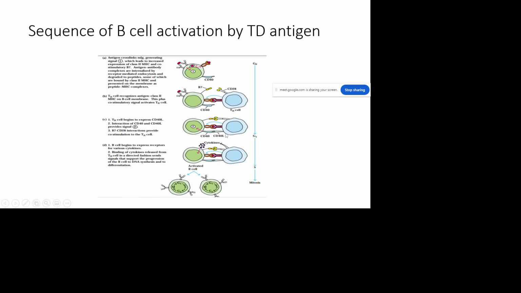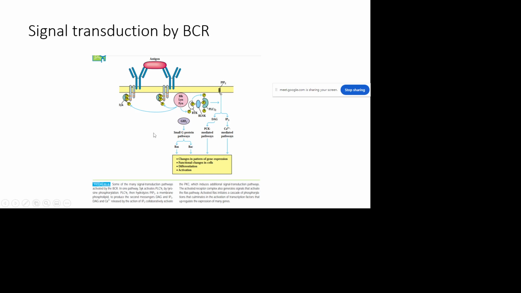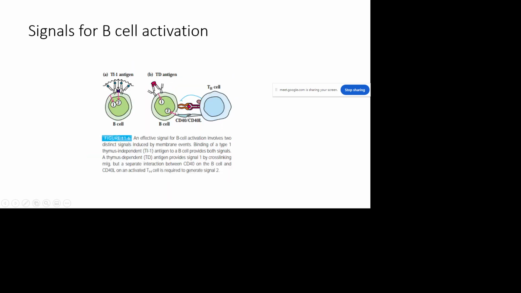So it will express CD40L and the B cell will express CD40, and this interaction of CD40 and CD40L will give you signal 2, as we saw here. Signal 1 is the crosslinking of antigen with the membrane immunoglobulin, and signal 2 is CD40 and CD40L.